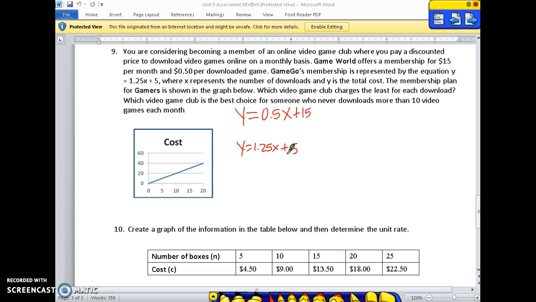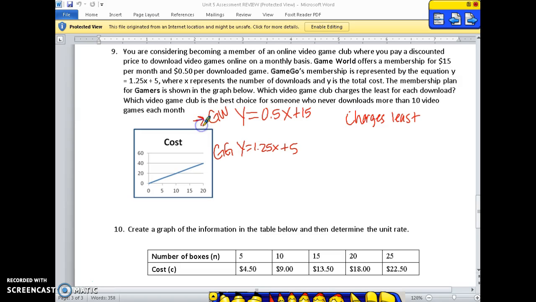The membership plan for gamers is shown in the graph below. Which video game club charges the least for each download? So if we're looking at the one that charges the least per download, we're looking at our slope. For our first one, Game World, they charge 50 cents per download, which is cheaper than GameGo's cost of $1.25.